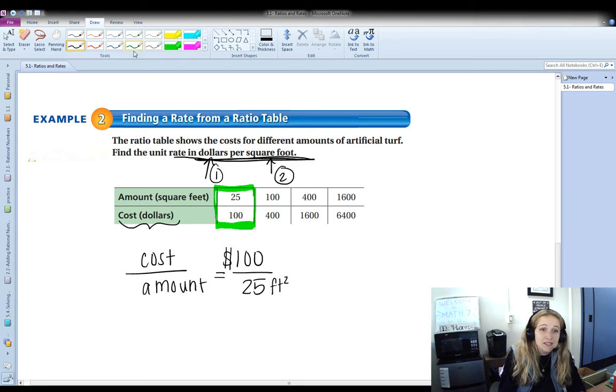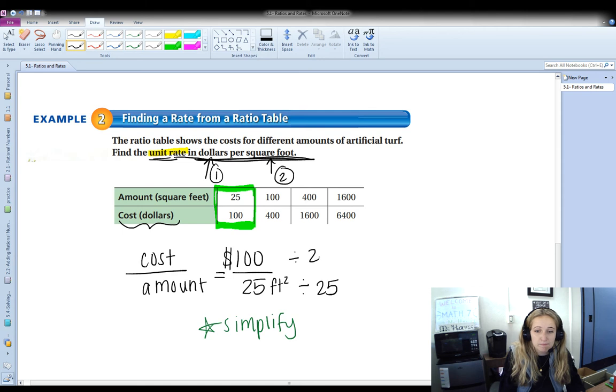Now we need to simplify. If we want to find the unit rate, we need to divide both the top and the bottom by the number that's in the denominator. Since 25 is in the denominator, I'm going to divide the top and the bottom by 25.